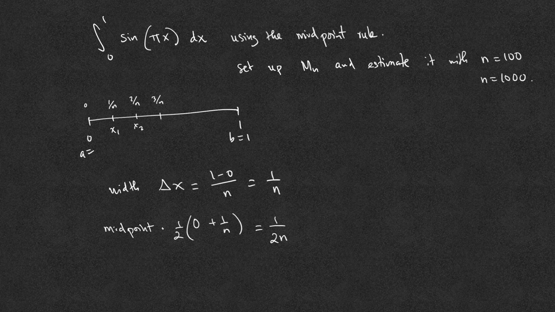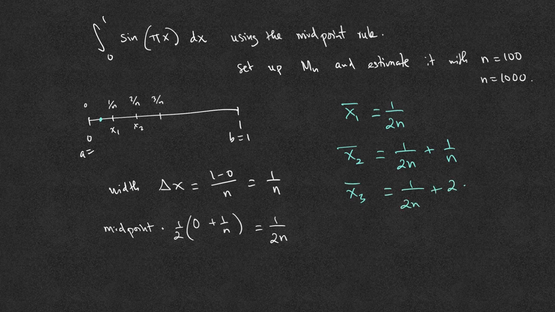Using this first midpoint, x sub 1 bar is 1 over 2n. x sub 2 bar is therefore 1 over 2n plus 1 delta x, but delta x is 1 over n. x sub 3 bar is 1 over 2n plus 2 delta x, but delta x is 1 over n.